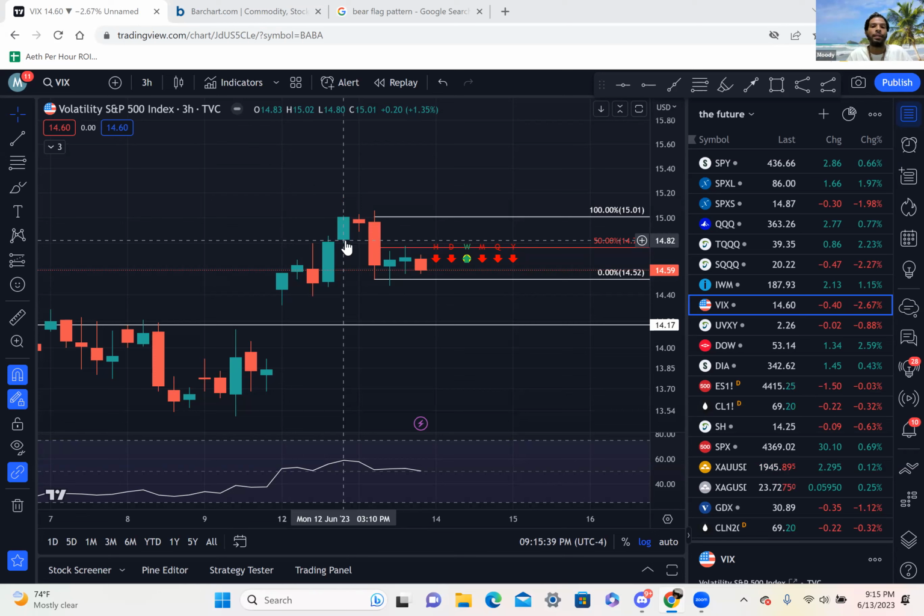How it happens is, of course, I see an evening star here, so I can talk about it that way. But normally it's the reversal patterns that you're going to see, depending on the time frame that you're utilizing. Depending on the time frame, you may see an evening star, you may see a tweezer top reversal, or you may just see a double top.